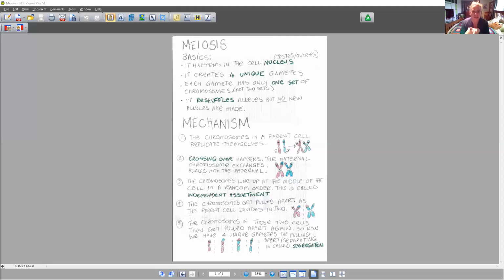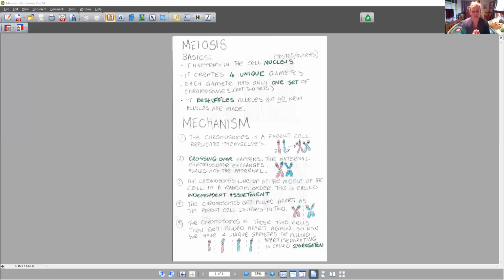Third point, each gamete has only 1 set of the chromosomes, not 2 sets. A normal somatic cell has 46 chromosomes in humans, but the sperm and egg cell have only 23 chromosomes. Therefore, you have 1 allele for each gene.